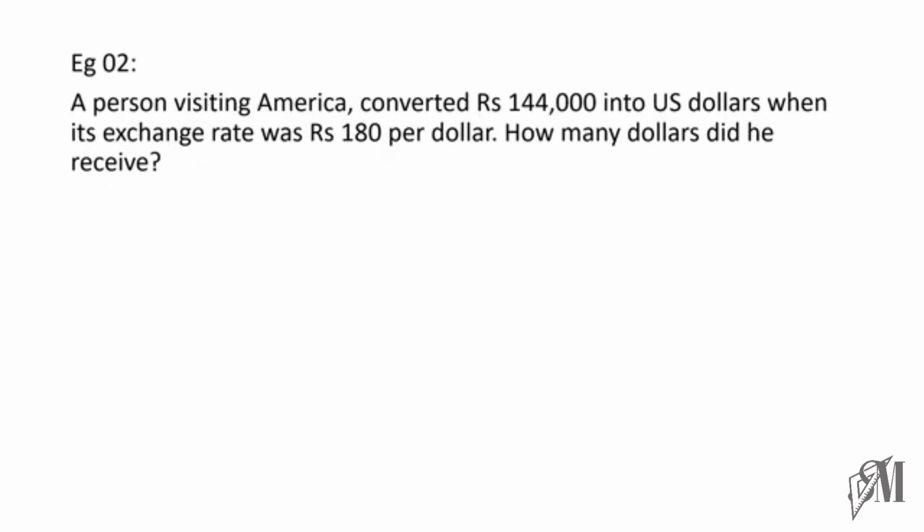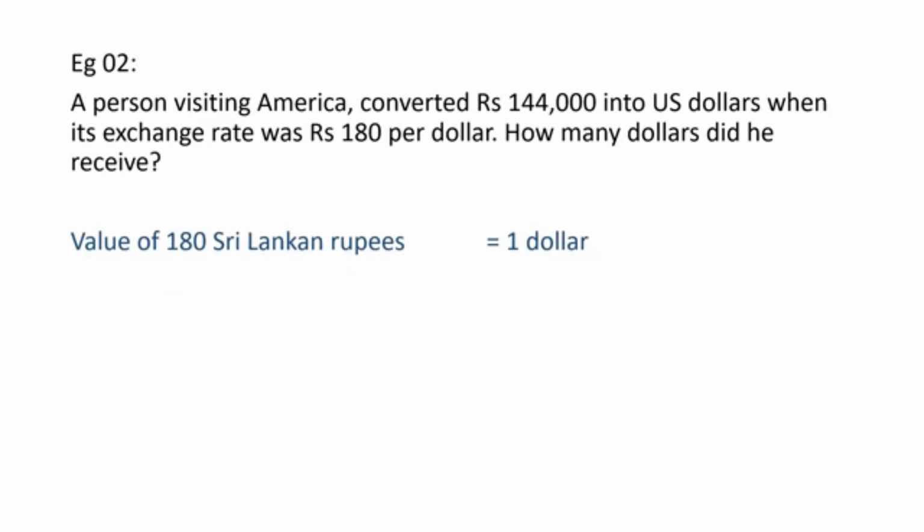Second example, a person visiting America converted 144,000 rupees into US dollars when the exchange rate was 180 rupees per dollar. So how many dollars did he receive? 180 Sri Lankan rupees is equal to $1. That is given.